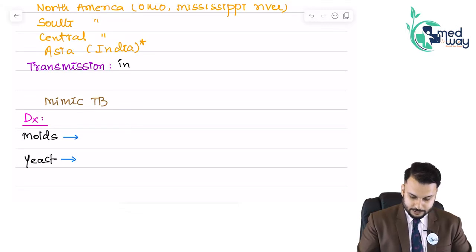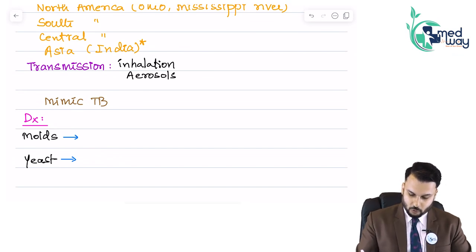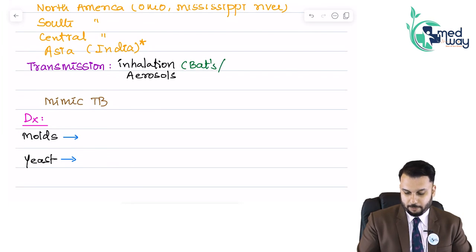This comes through inhalation of aerosols, and especially you got to remember it comes through bats' or birds' droppings.